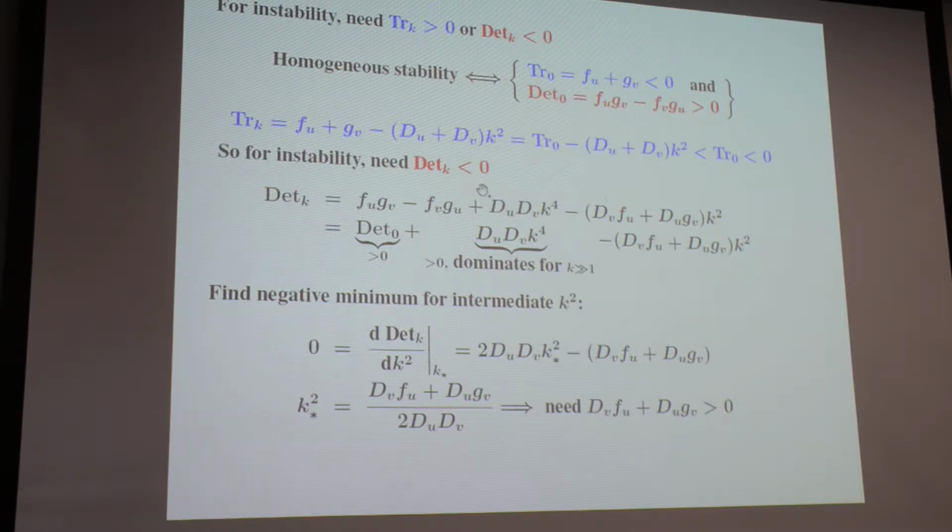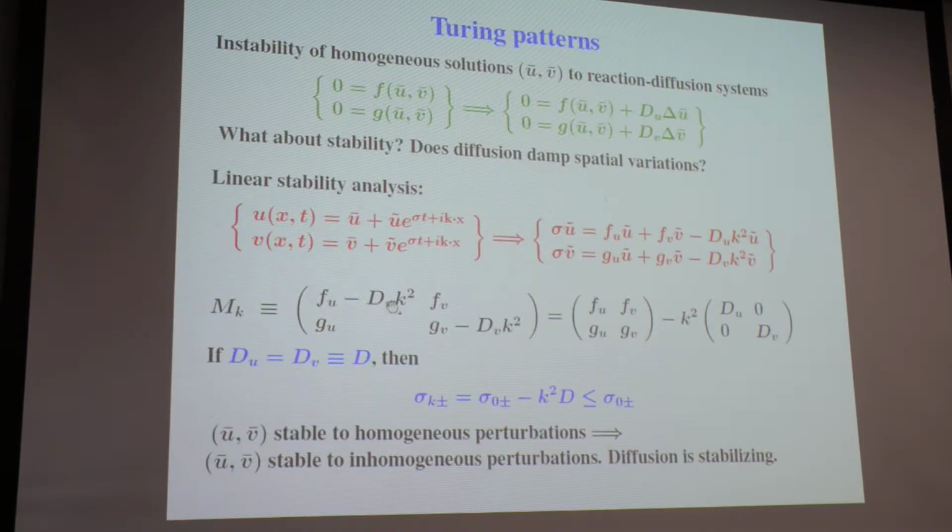So then we just do the calculations. We say, if we put in the k, if we put in the spatial dependence, and we just multiply out, we go back to here, and we do this times this minus this times this. We're just looking for the determinant. So you see that part of it is a homogeneous determinant. We have fu times gv minus fv times gu.